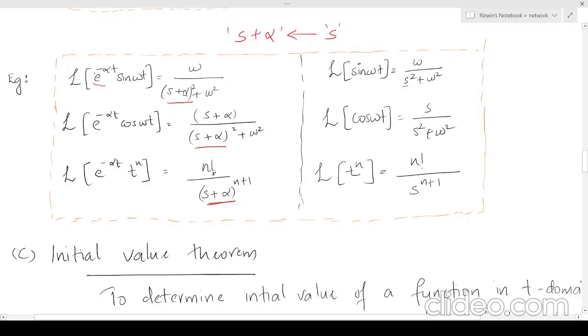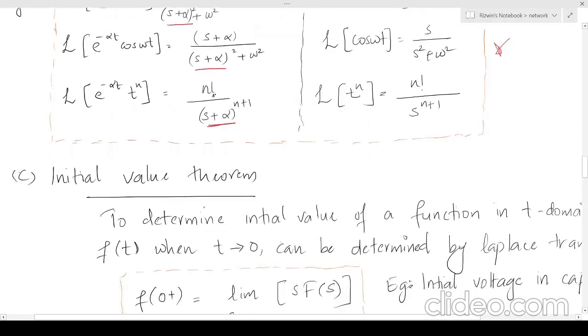If you multiply by e raised to minus alpha t, it turns out to be e raised to minus alpha t times the Laplace inverse of omega by s square plus omega square, and naturally the inverse of omega by s square plus omega square is sin omega t. Make note of this point, this is very important and will be very helpful when you study.